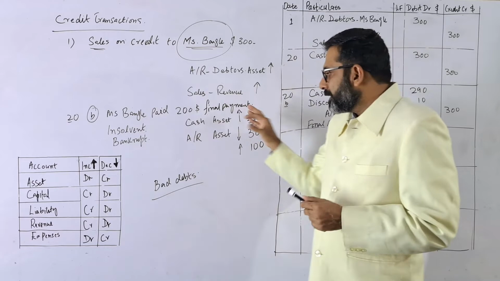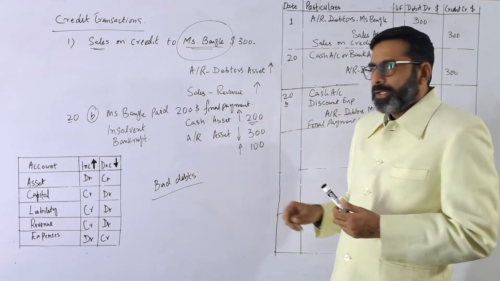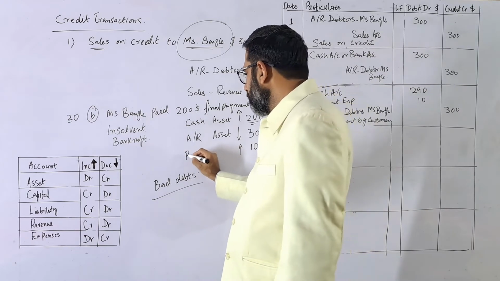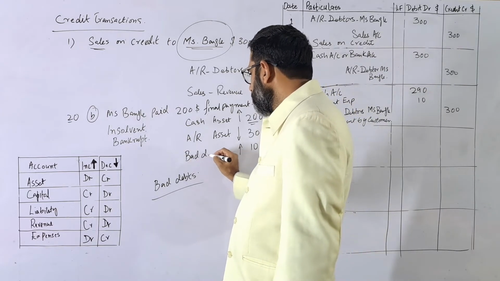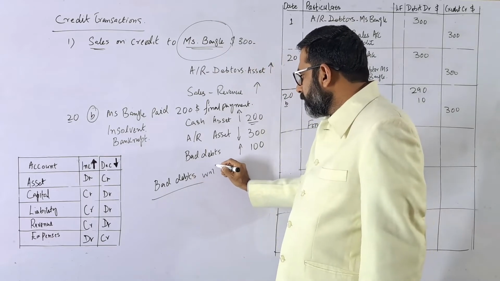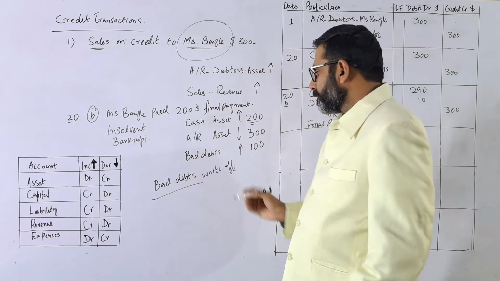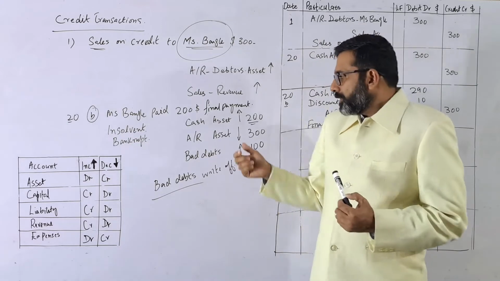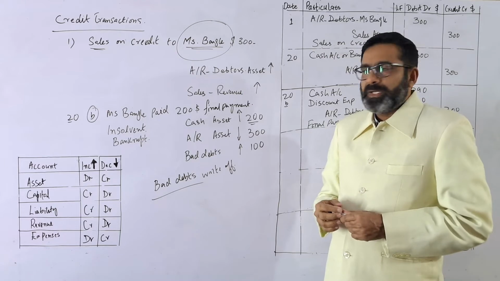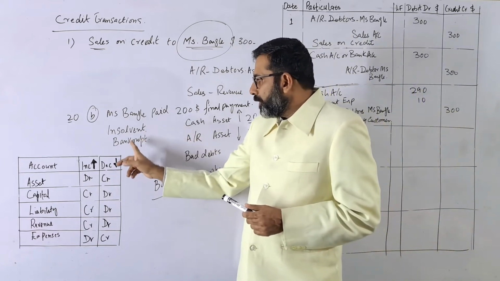So this is the final settlement. So this $100 is again the loss for you. That loss will be considered as bad debts. So we can write it as a bad debt write-off, because this $100 you are unable to receive from that person due to bankruptcy or insolvency.